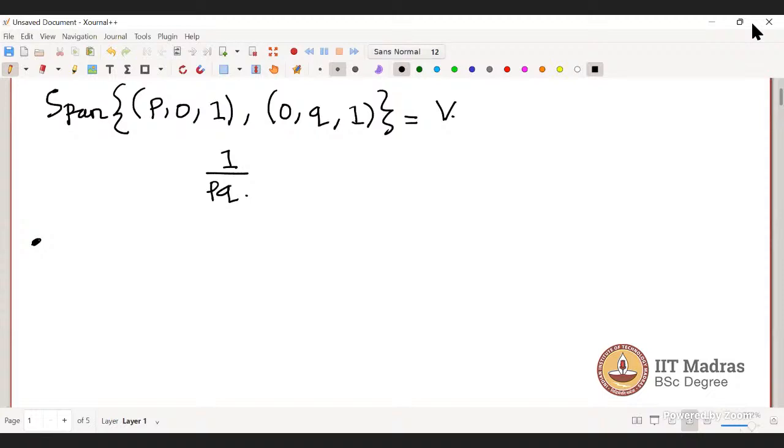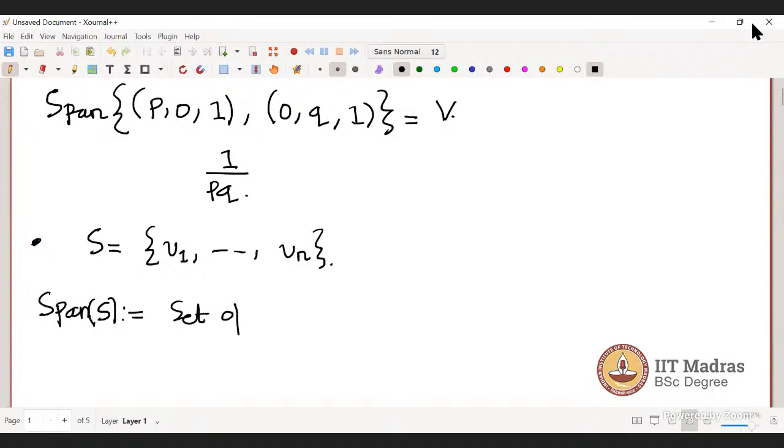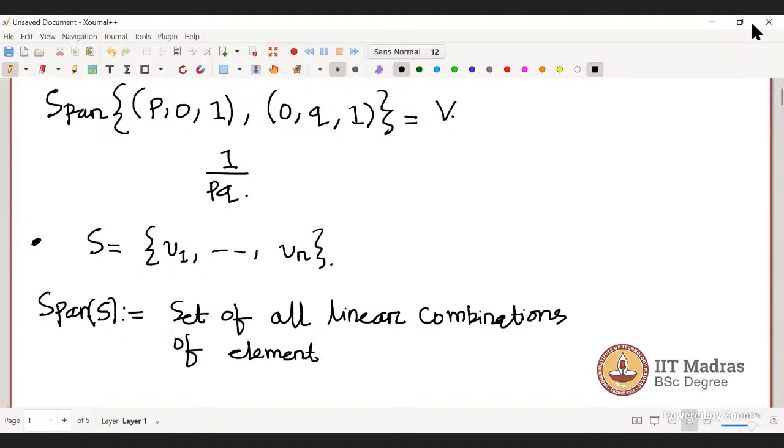Suppose you have a bunch of vectors, a set S. So span of S is basically the set of all linear combinations of elements of S.